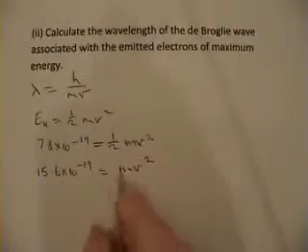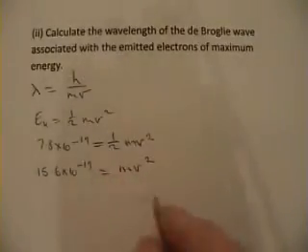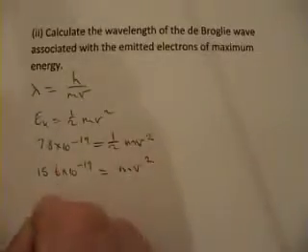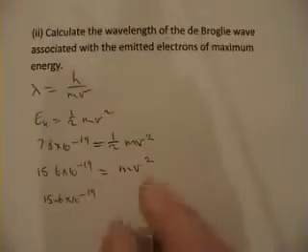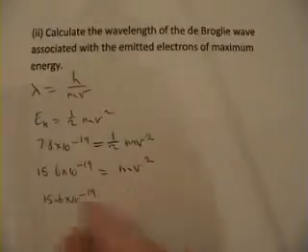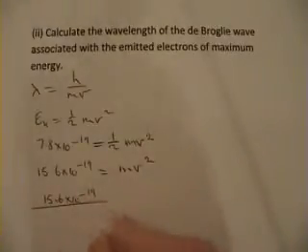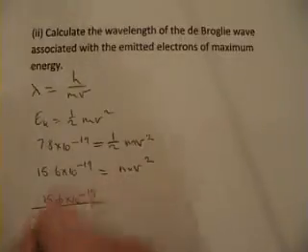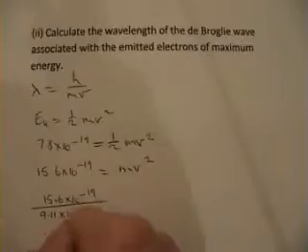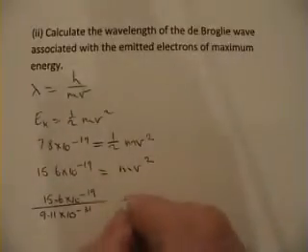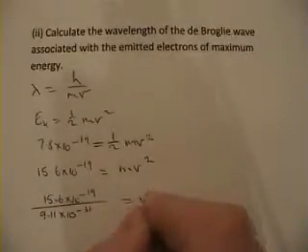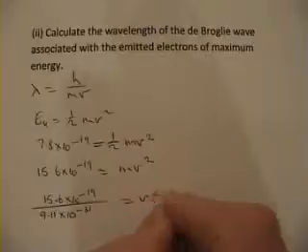If I now divide by m, and I look in the data sheet, I know the value of m. So 15.6 times 10 to the minus 19. Notice I'm not using proper standard form. I should do really, but never mind, it'll all come out in the wash. Divided by the mass of an electron, looked up on the data sheet, 9.11 times 10 to the minus 31 kilograms, that's equal to v squared.